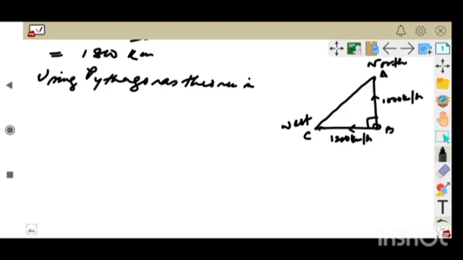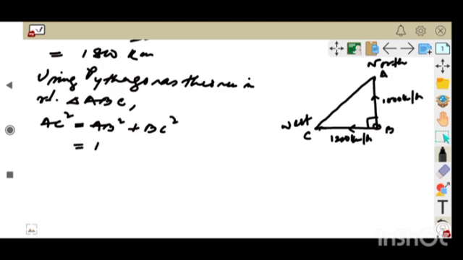In triangle ABC, in right triangle ABC, we have AC square equal to what? AB square plus BC square. So here AB is 1500 square plus we have 1800, then again square.